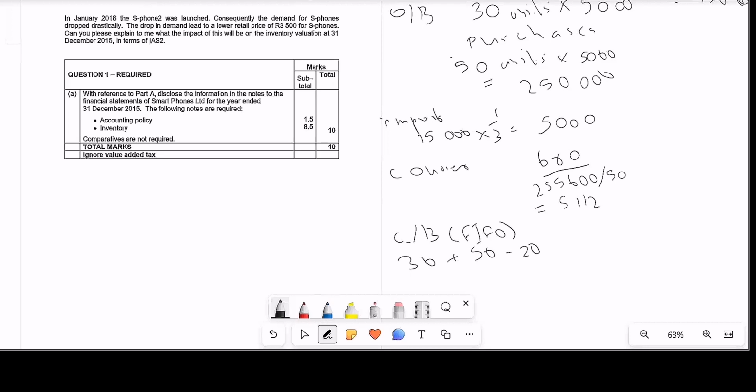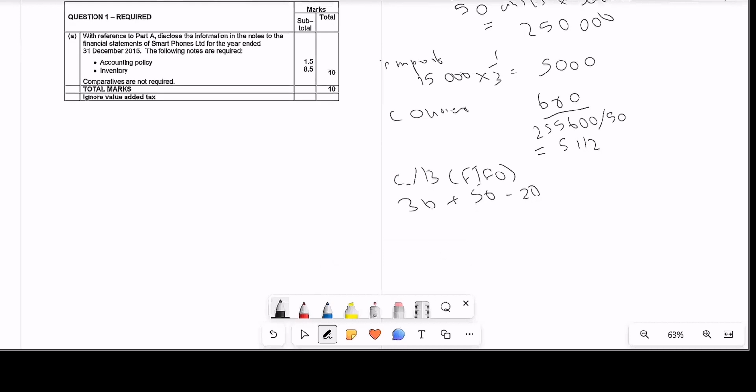So when we're selling, we're first gonna take out from the 30 here because it's first in, first out. So this is how it's gonna go. You have to take out from what was first on stock. So we'll take out from the 30. I'm gonna try and illustrate it here.